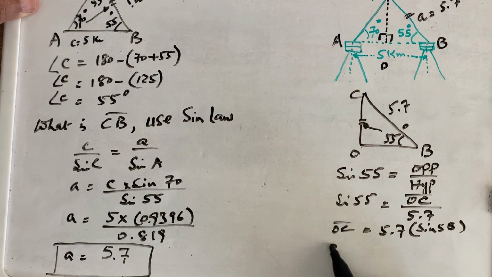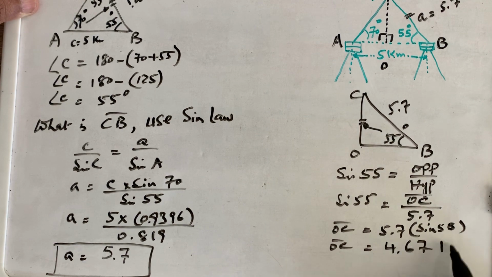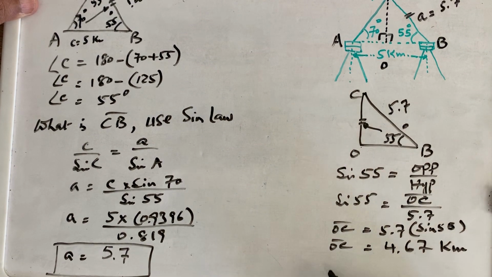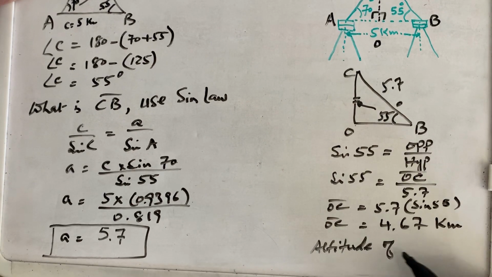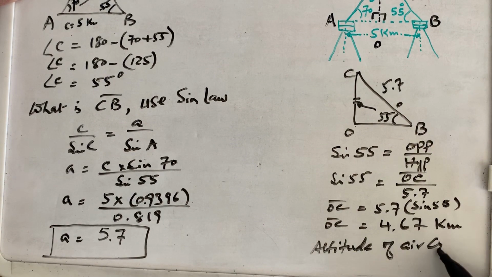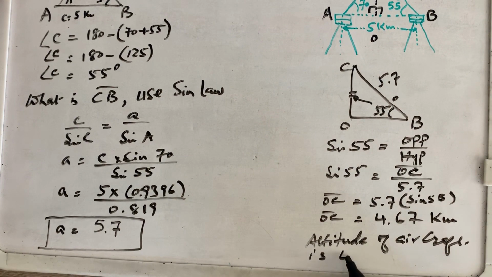If you calculate this, OC will be equal to 4.67 kilometers. The answer may vary, because if somebody is using all the digits of sine 55 or rounding off to 2 decimal places or 1 decimal place, the answer will vary slightly. So the altitude of the aircraft is how much? 4.67 kilometers.